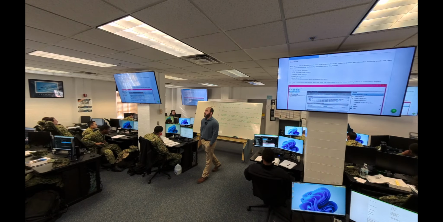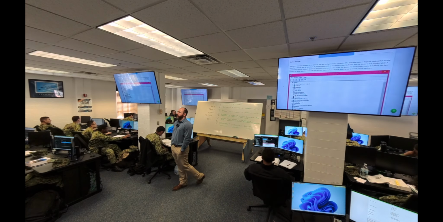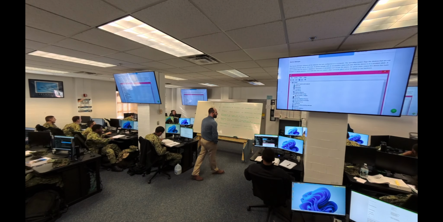Okay, the next thing we're going to look at is Device Manager. We talked about Device Manager earlier today. What's something I can see in Device Manager? Starts with a D. Drivers, device drivers. Device drivers are translators for our hardware, right?